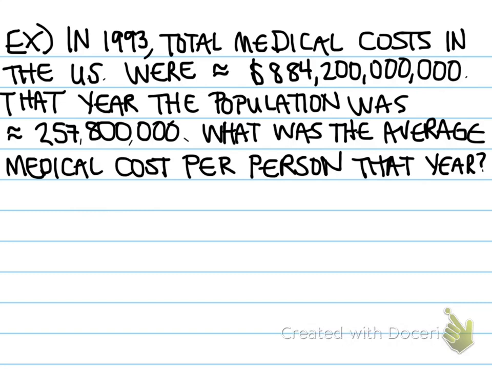What was the average medical cost per person that year? So if you remember, we always want to try to find the rate that we're looking for. So if we look at the question that was asked here, we want medical cost per person. So telling us we want cost as our numerator, persons on the bottom as our denominator.